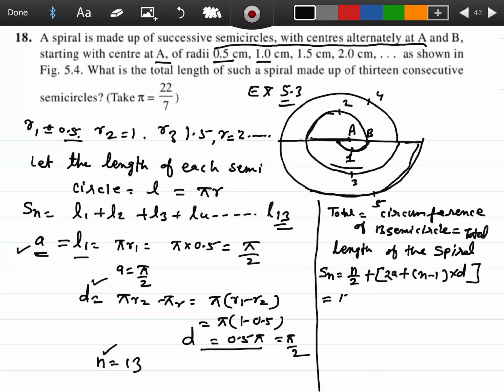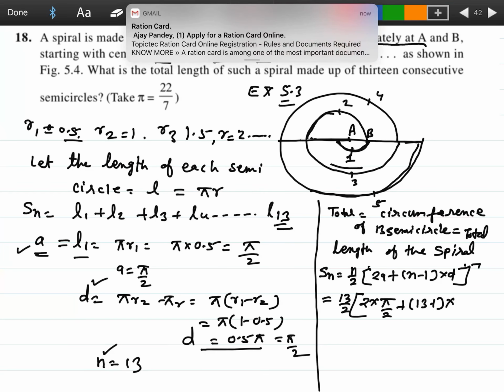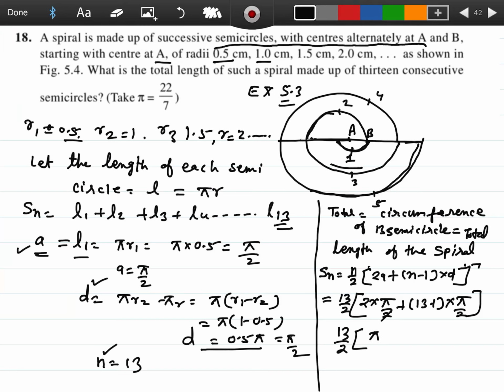Sn is equal to n by 2 times (2a plus (n minus 1) times d). Here we put the values one by one. So 2a means pi by 2 times 2, plus (13 minus 1) into d, which is also pi by 2.